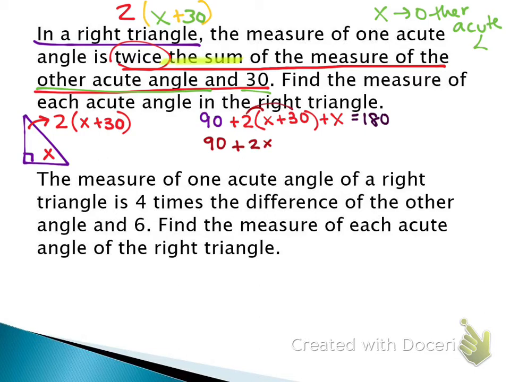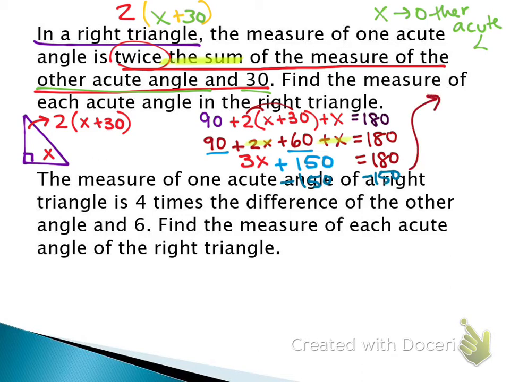So we got 2x plus 60 plus x equals 180. Combine our like terms. We got 2x and x, which makes 3x. And then we have 90 and 60, which makes 150. I know I ran out of room, but we're still going to subtract 150 on both sides.